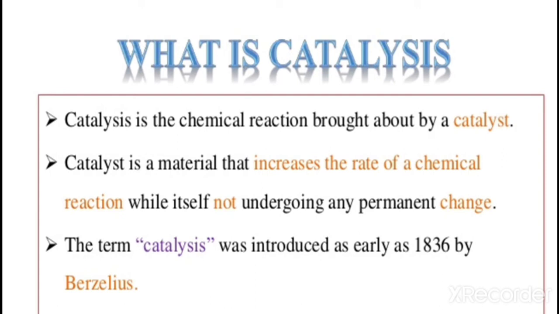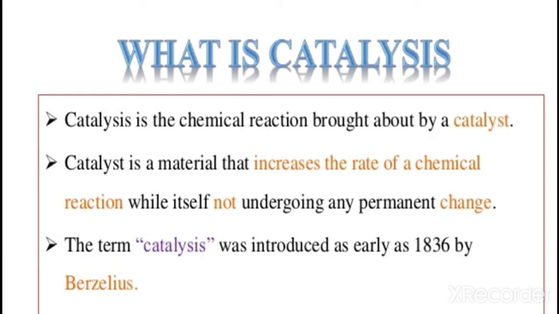If a substance A reacts with a substance B at 500 degrees Celsius temperature and 8 atmospheric pressure to give substances C and D, we write the equation A plus B gives C plus D. Here the temperature and pressure are mentioned on the arrow.